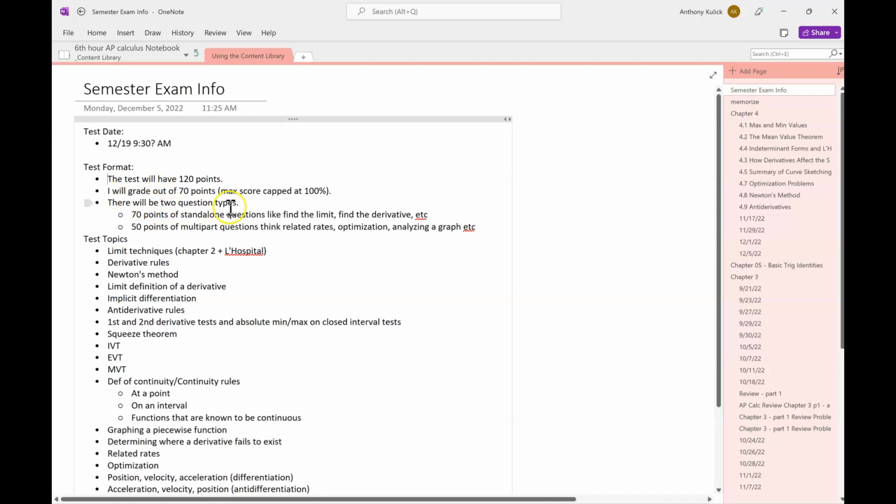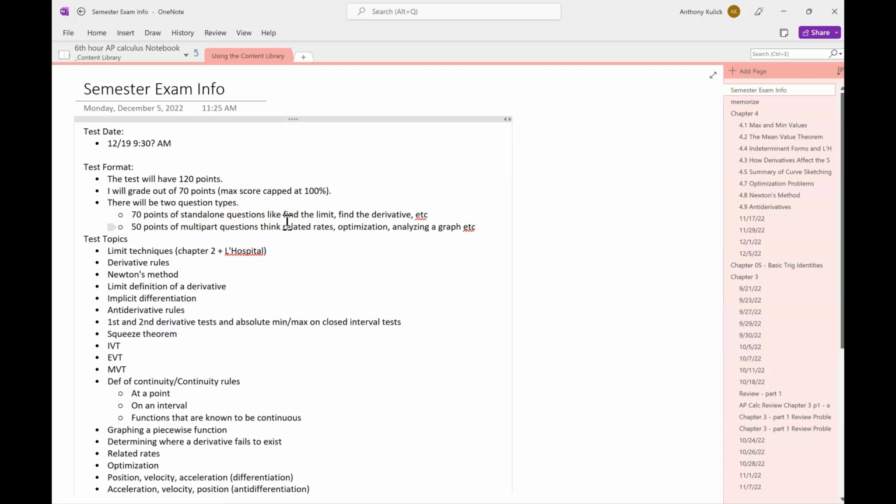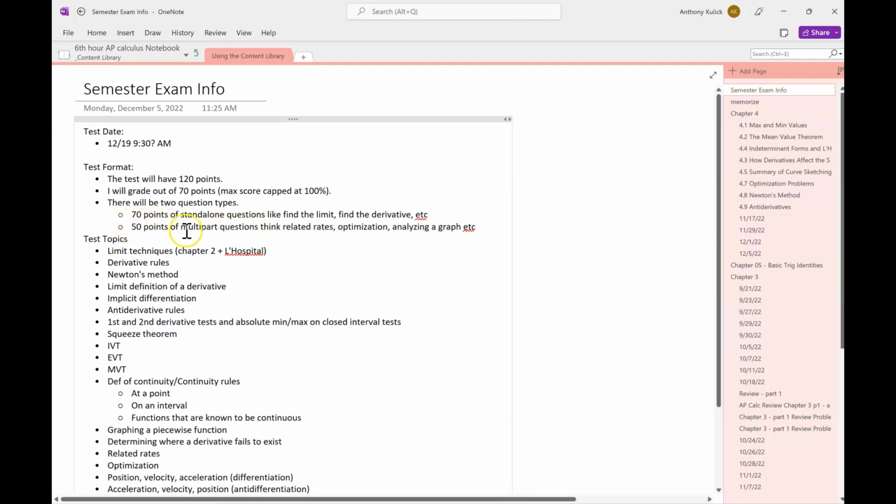So the test is divided into like 2 types of questions. There's 70 points of standalone questions that are just like, do this, like find the limit, or do the derivative, or find the maxes and mins, or whatever, like normal, just singleton calculus questions. And then there's 50 points of multi-part questions.